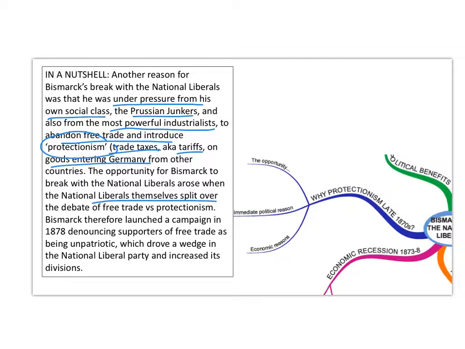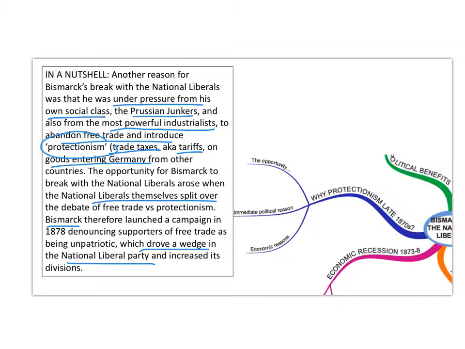Bismarck's looking at this, thinking, I want to break with the National Liberals. Aha, I can see a weakness. They're arguing amongst themselves. There's a division within the ranks. So Bismarck, in the late 1870s, launched a campaign that drove a wedge within the National Liberals by saying, those National Liberals who are arguing they want free trade are being unpatriotic because they are supporting American farmers, Russian farmers, businessmen from abroad, by arguing that there shouldn't be tariffs on German frontiers.